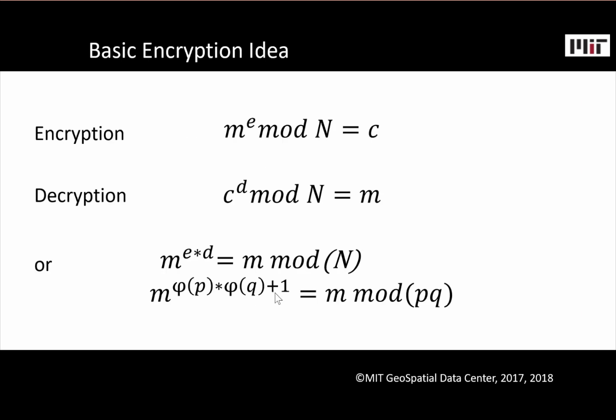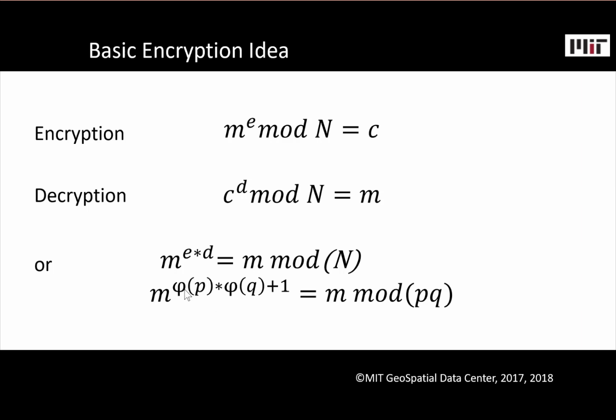Okay. What I want is a message. I've got a message here, and I want to raise it to a power E times a power D. But I'm going to do it in 2 stages, because I can choose E and D so that m raised to that power is m mod n. And we showed that if P and Q are primes, and E and D I can choose as prime numbers, that this indeed is so, that this will be m mod PQ.